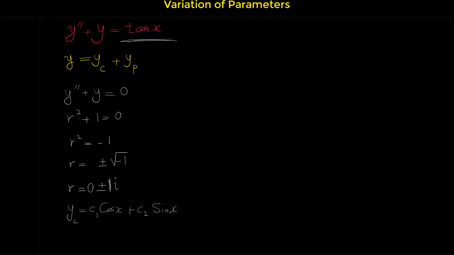We can use it only when the right side of the equation is a polynomial, exponential function, or sine and cosine, and none of them is here. We have tangent of x.